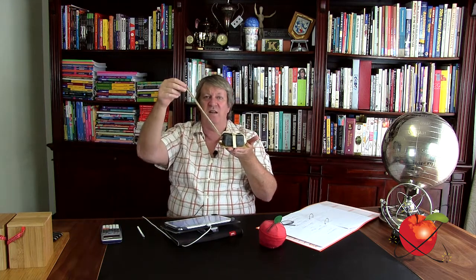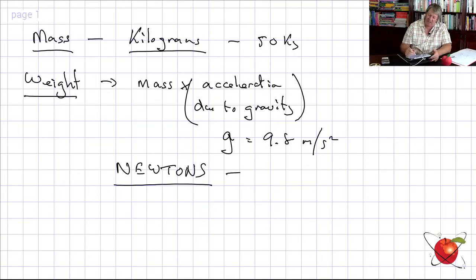We can be pulling up and this way at the same time, because if you've ever done that, part of your pull is going up and part of it is going horizontal, isn't it? So a force is either a push, a pull, a lift, or a downward pull, which is measured also in newtons. That's what we're measuring.